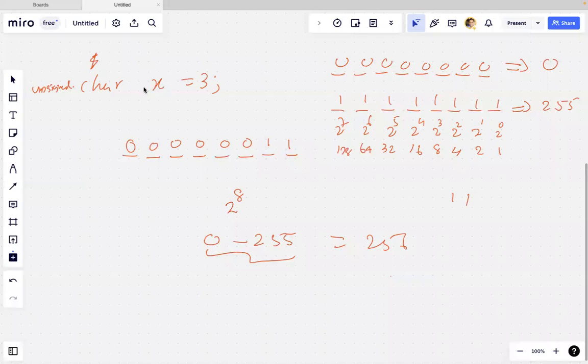Now I will move to the signed characters, signed char. Now when you use the signed value, signed char, that is also the same. I'm going to erase these previous values.